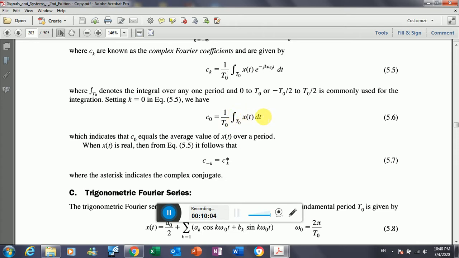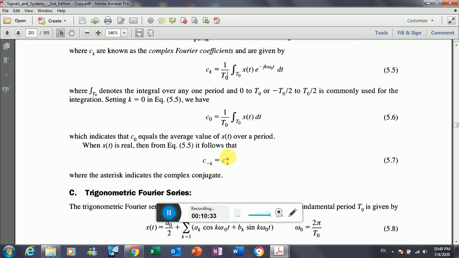This is a simple integration where k equal to 0. So if x of t is real, then C of k is a complex conjugate coefficient, so C of minus k would be equal to C of k conjugate.